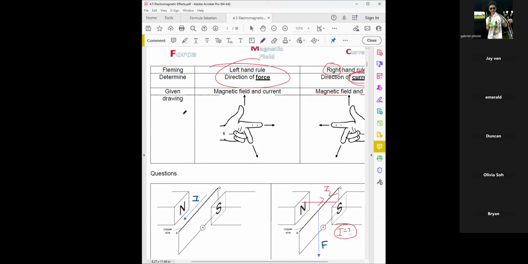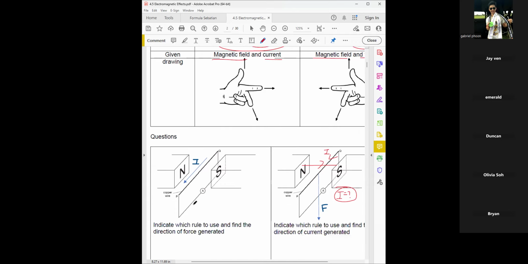But assuming that you didn't do that, assuming that you actually give the sarcastic thumb, the left hand is for you to find force, given the magnetic field and also the direction of current. So let's say, for example, the battery is in this direction already. Then you know the current will flow from here to here to here to here.